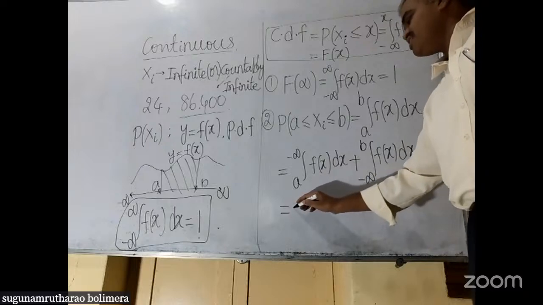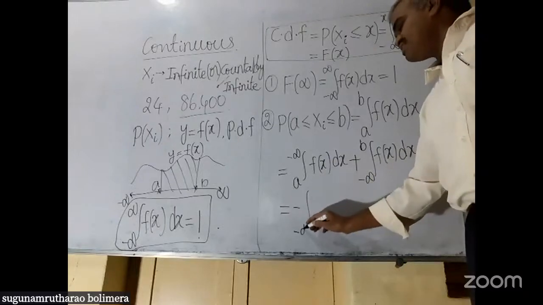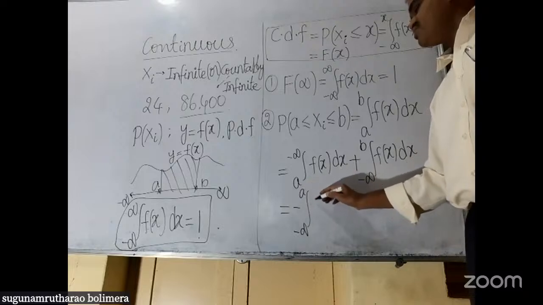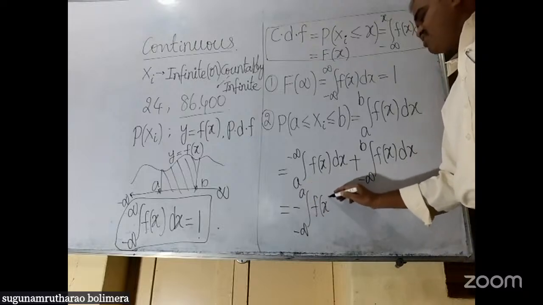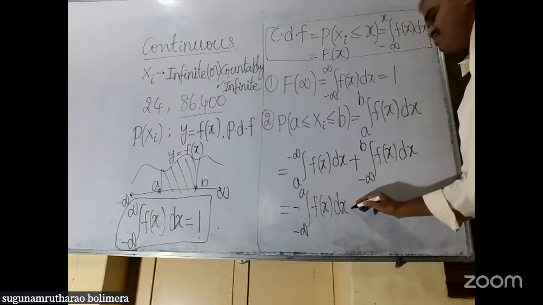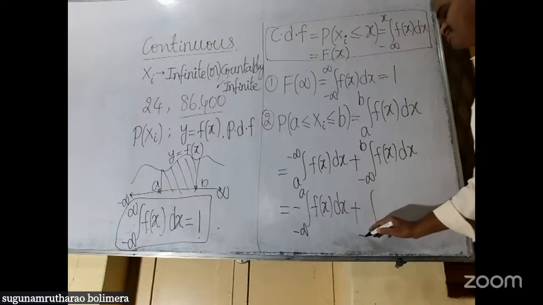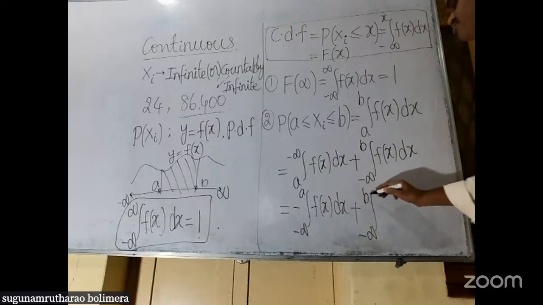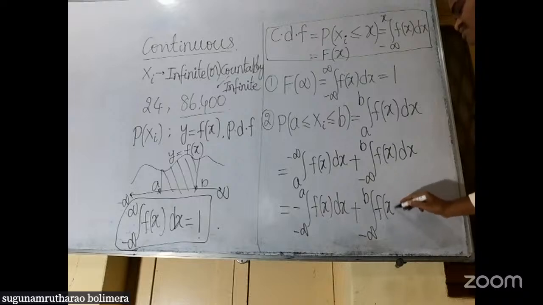This will be minus the integral from minus infinity to a of f of x dx plus the integral from minus infinity to b of f of x dx.